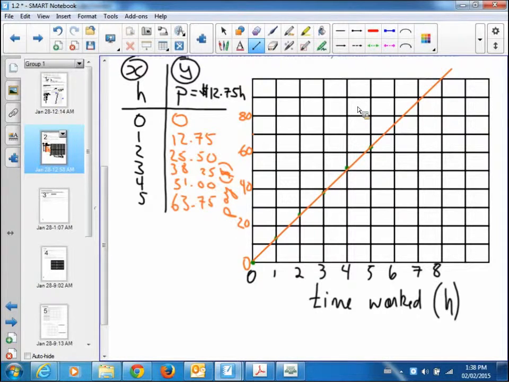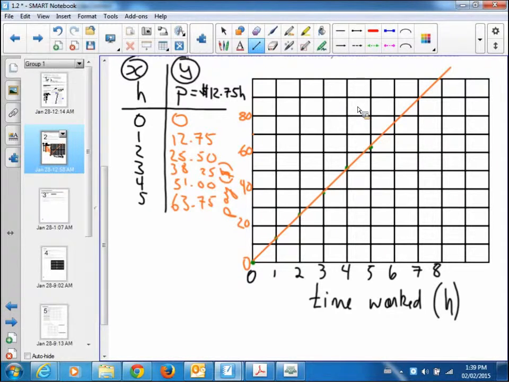Now I extended my line right through, right? Going further. Because you can. All that means is, I'll just wait for a second. Why did I do that? Just waiting here, okay.